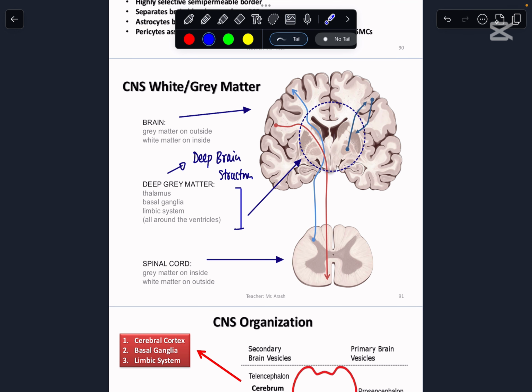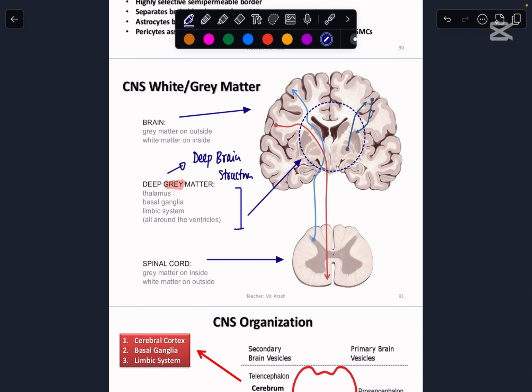Why? Because remember, nucleus by definition is a collection of soma, right? That's why we call them deep nuclei. And soma are by definition not myelinated, and that's why they end up becoming gray. So all of these structures here are basically gray by nature already.